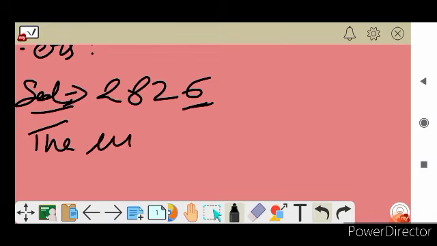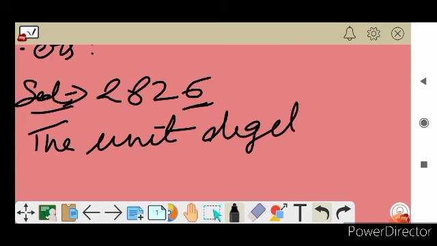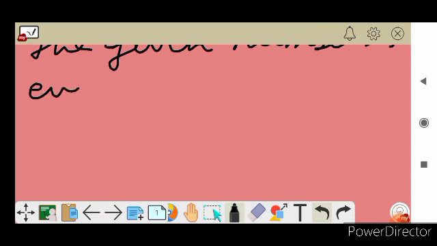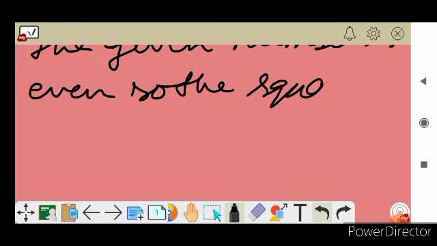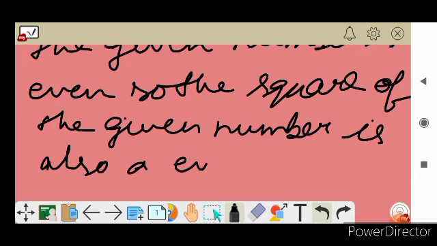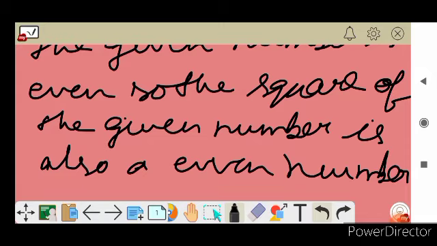The unit digit of the given number is even, so the square of the given number is also an even number. Okay.